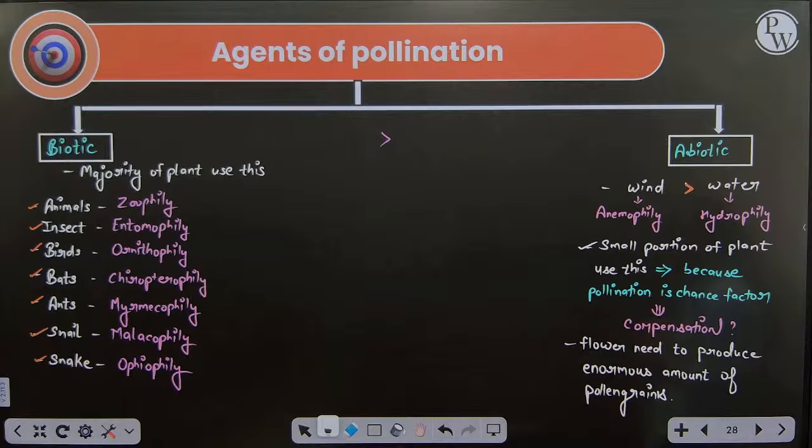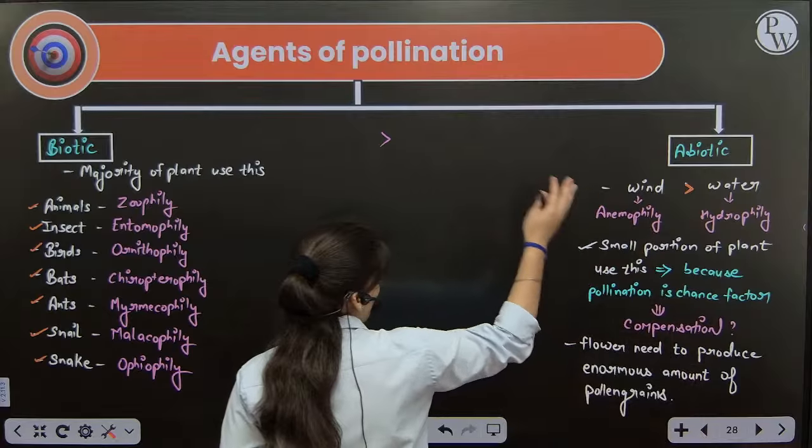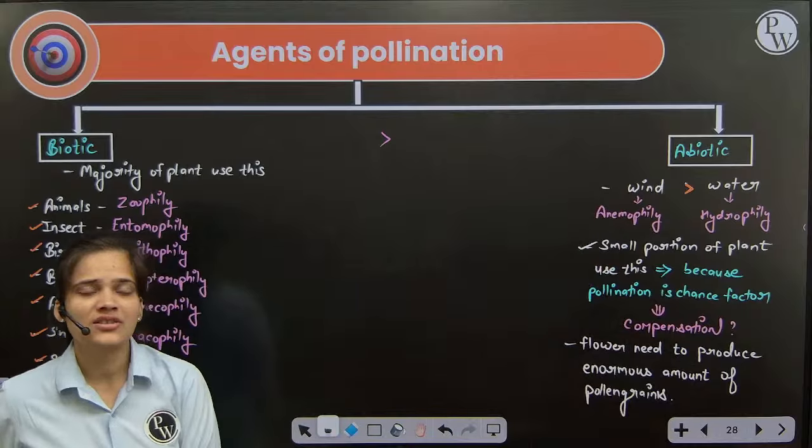In order to compensate for this, flowers need to produce a large amount of pollen grains, because pollen can be lost in this case. In case of abiotic agents, pollination is a chance factor.